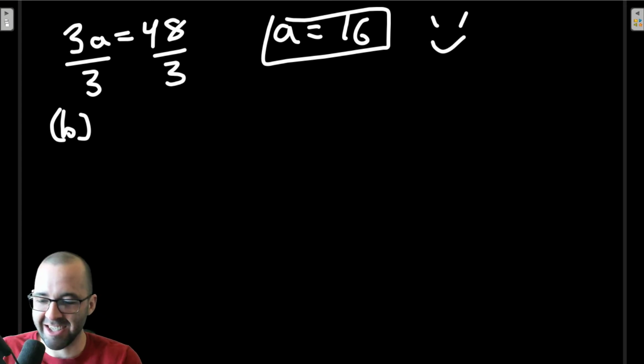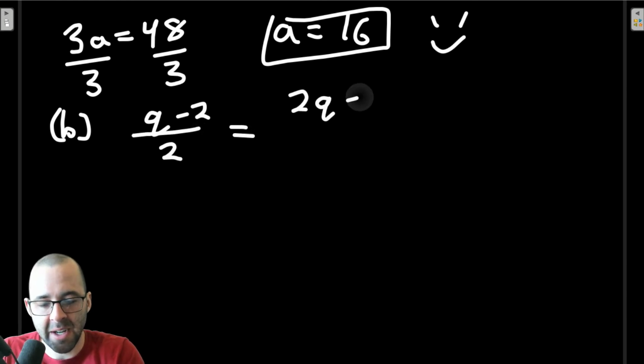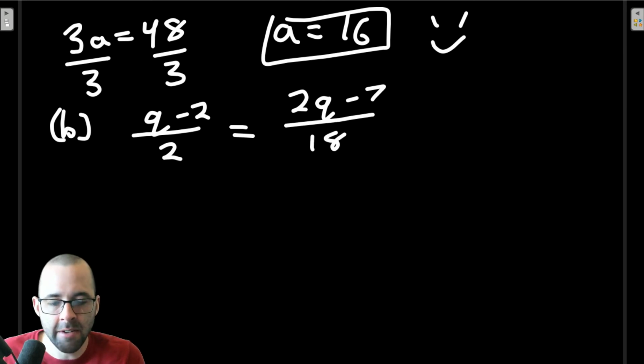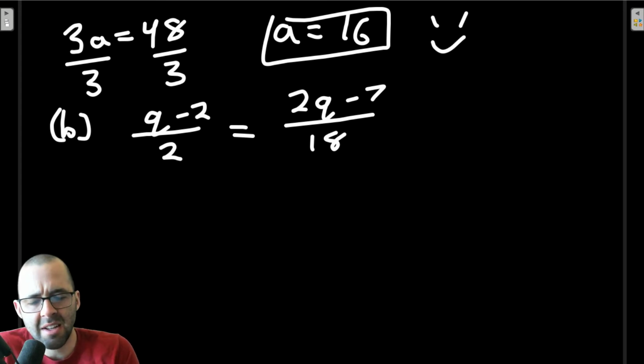Let's do one more just to show this off. Q minus 2 over 2 equals 2Q minus 7 over 18. Again, we could multiply by the least common denominator, which would be 18, or we could cross multiply. Your choice. Multiplying by the LCD is actually a little easier here, but I'll try to be consistent. So if we cross multiply here, what do we get?